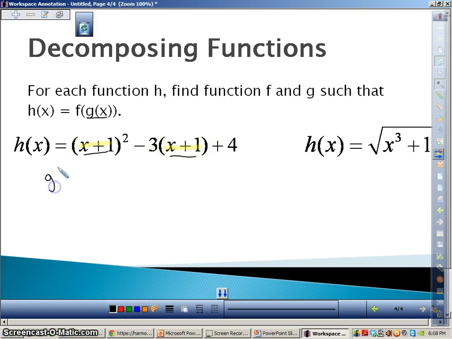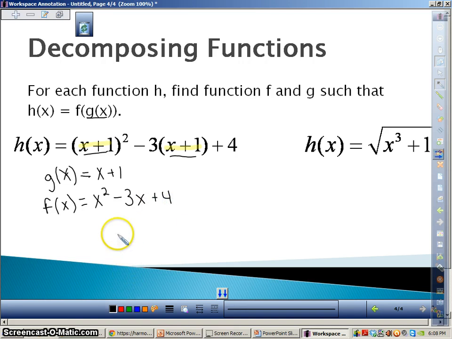So g of x is going to be the inside function because it's inside of f. So it's going to be x plus 1. And our f of x function is going to be what we think this polynomial is without our x plus 1, just with x in. So x squared minus 3x plus 4.